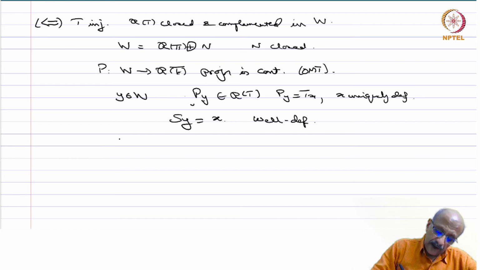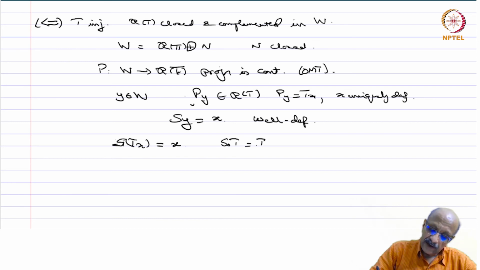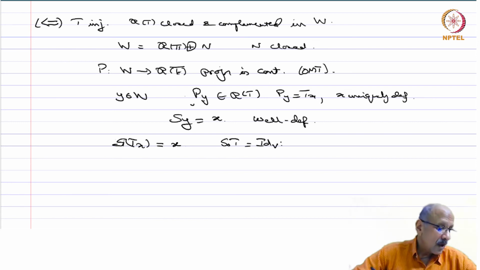If you take S of Tx, then Tx is already in the range, so trivially this has to be x. So S composed with T is the identity. Now you have W, V, and the range of T. This is closed, so all three are Banach spaces.